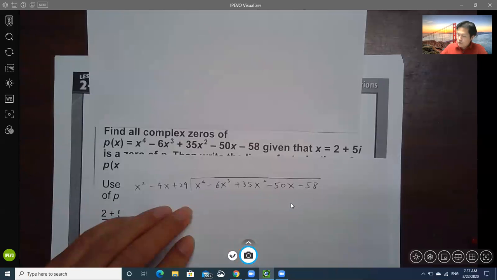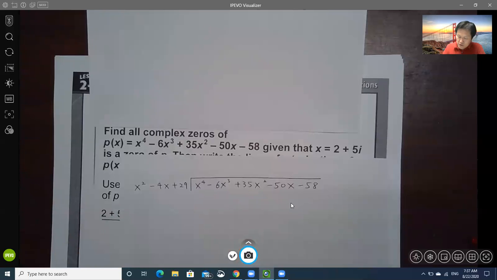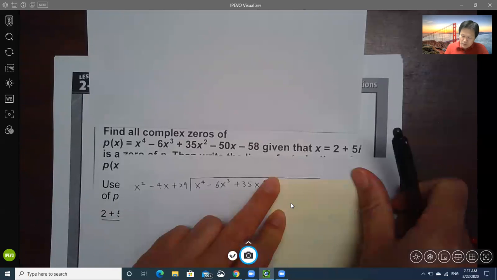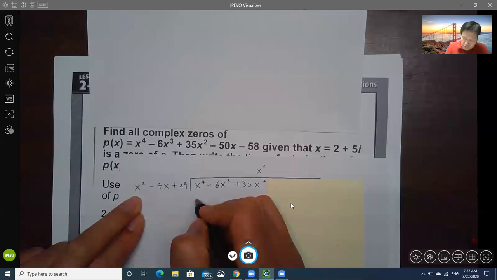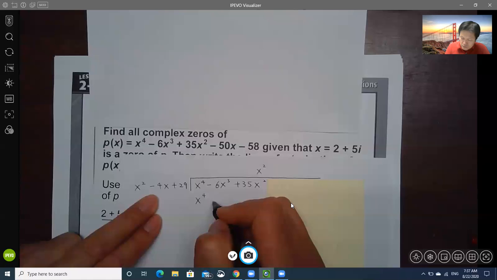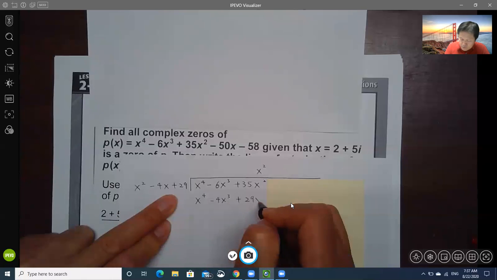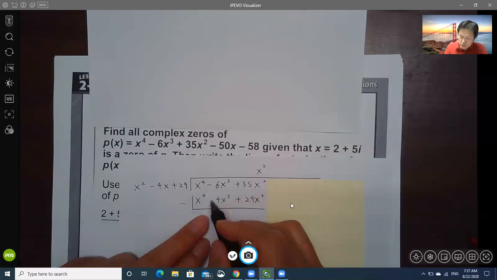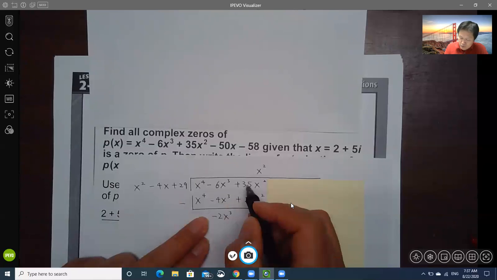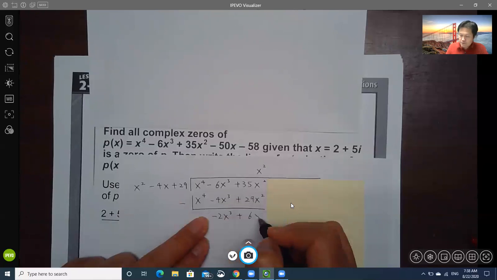So I'm dealing with three terms at a time. So I need to multiply x squared, x squared, subtract plus 4, so it'll be minus 2, minus 29, get plus 6x squared.